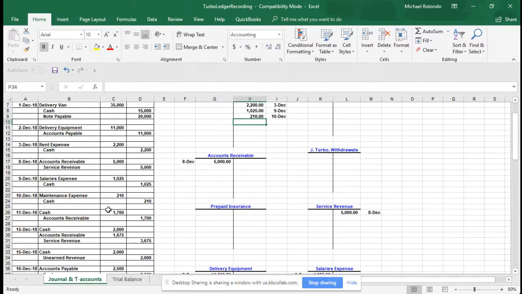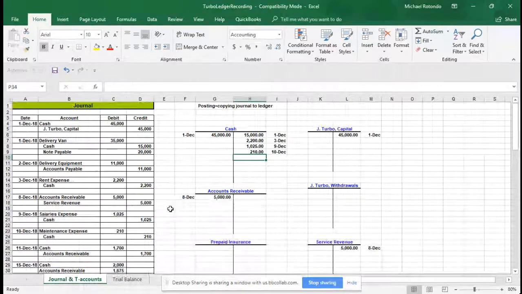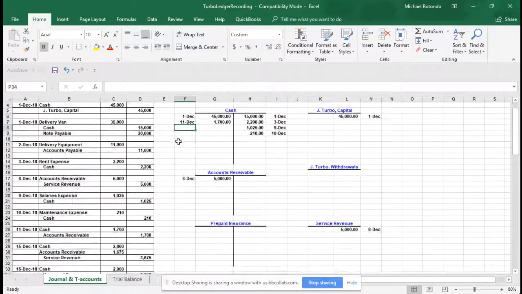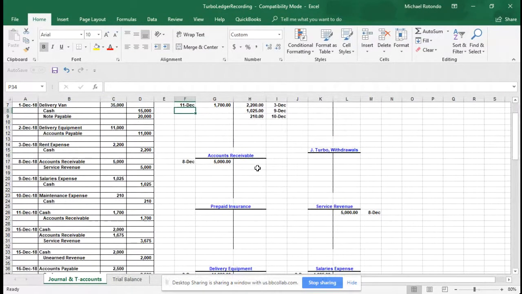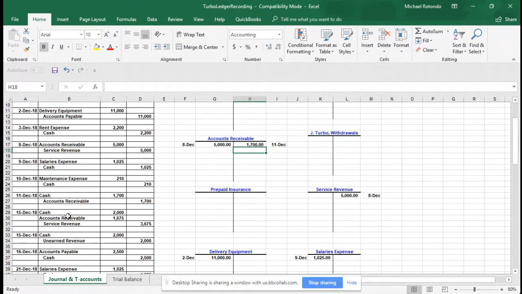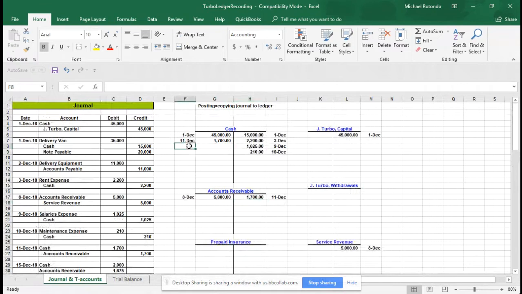So on the 11th, we have a debit to cash for $1,700. And we have a credit to accounts receivable for $1,700. Remember that debits are always on the left, credits are always on the right. Okay. On the 15th, we had a compound entry. We have a debit cash of $2,000.